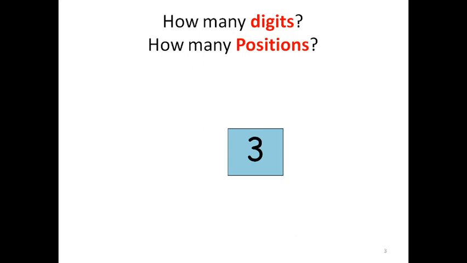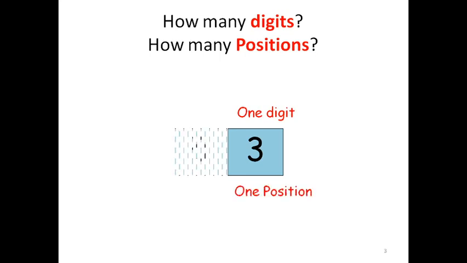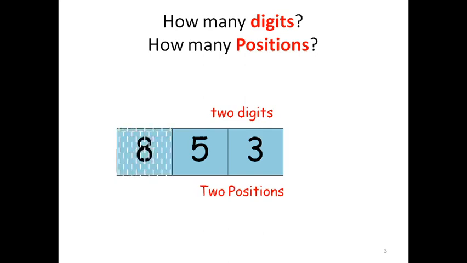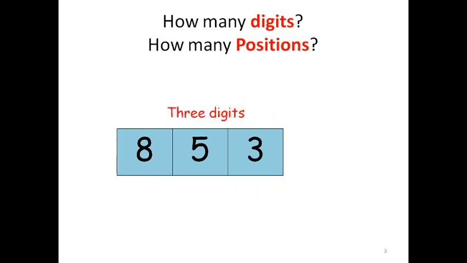There is only one position. One digit, one position. Now, look at the number 53. So how many digits now? We have 2 digits. And how many positions? We have 2 positions. Now look at this number. How many digits? We have 3 digits and 3 positions.